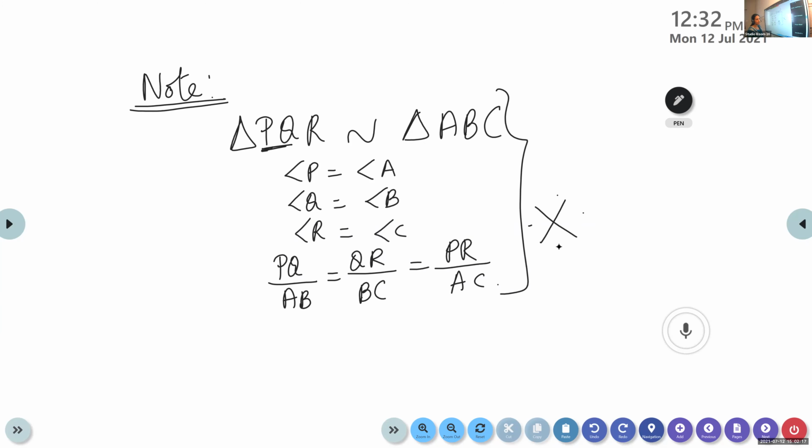If two triangles are similar, we get these four conditions satisfied. Which are the four conditions? Three for the angles, corresponding angles will be equal, and the corresponding sides are proportional. Whenever two triangles are similar, these four conditions will always be true.